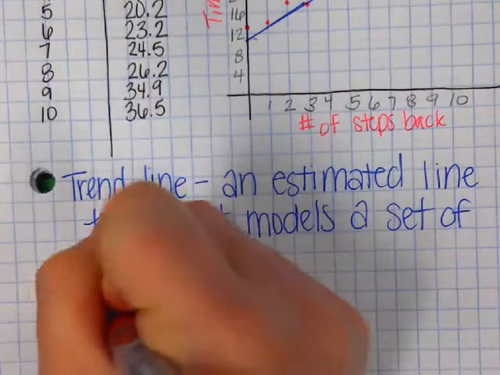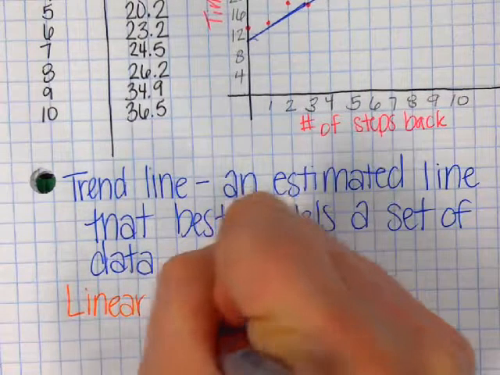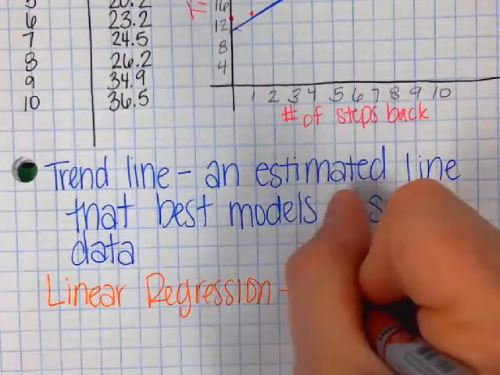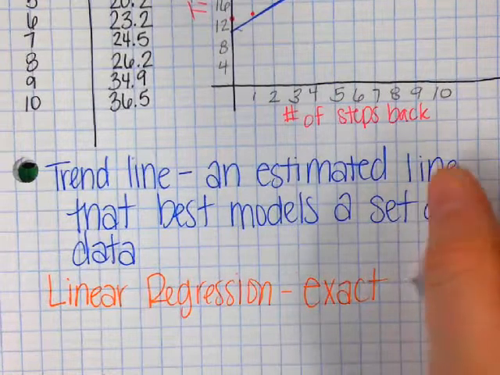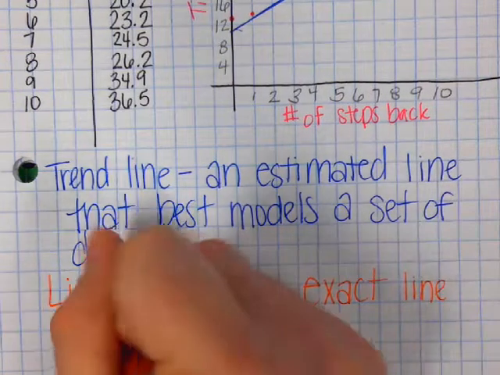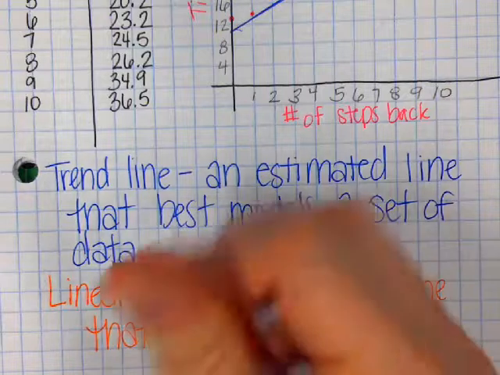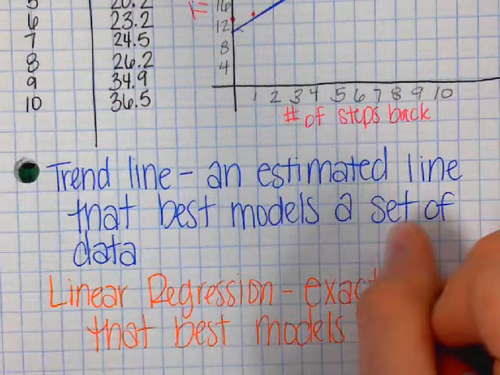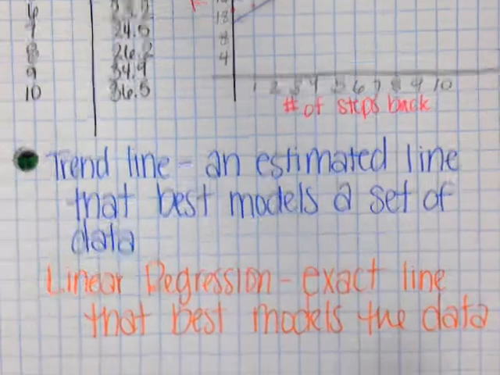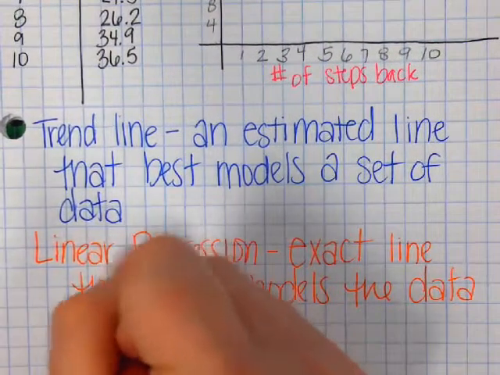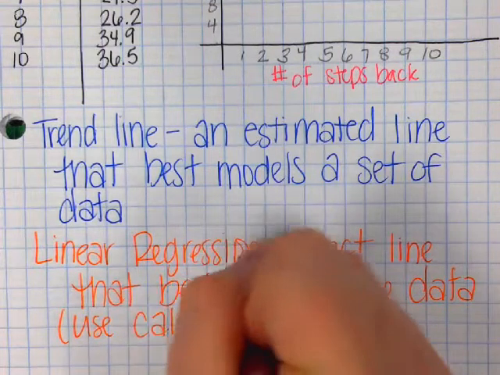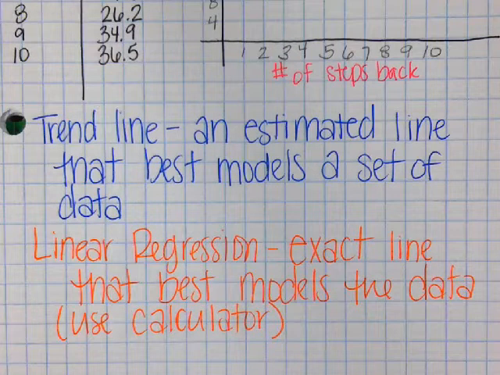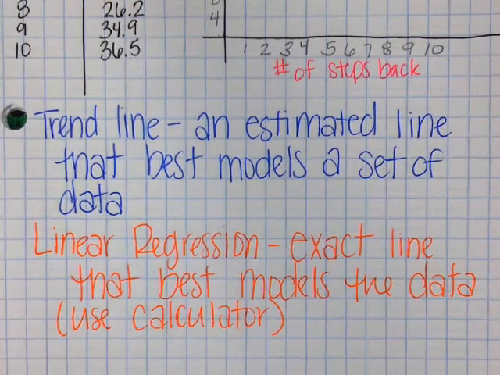A linear regression, and that's the new word that you probably have never heard before, is the exact line that best models the data. And you use a calculator to find the linear regression.